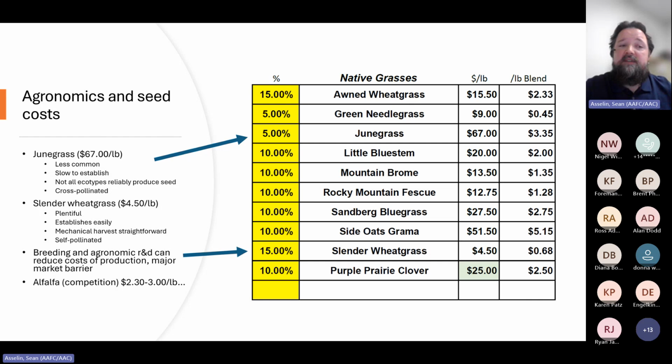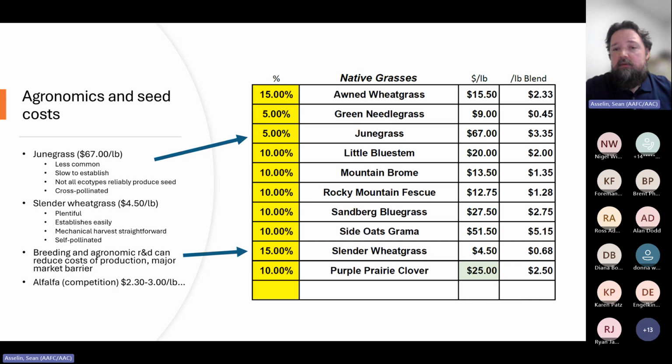It's a fairly slow to establish species. And not all ecotypes of June grass actually produce seed on a reliable basis. So it may be every couple of years, or the seed quality can vary between regions where it's grown and between populations. It's also a cross-pollinated species, so it needs a variety of other June grass plants around it so that it doesn't succumb to inbreeding depression.